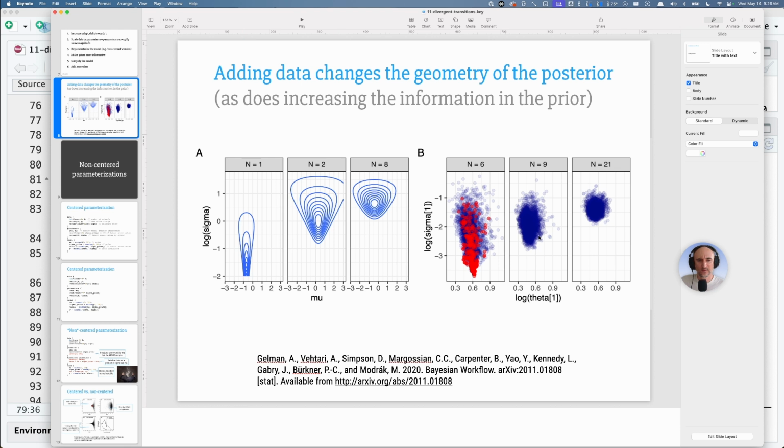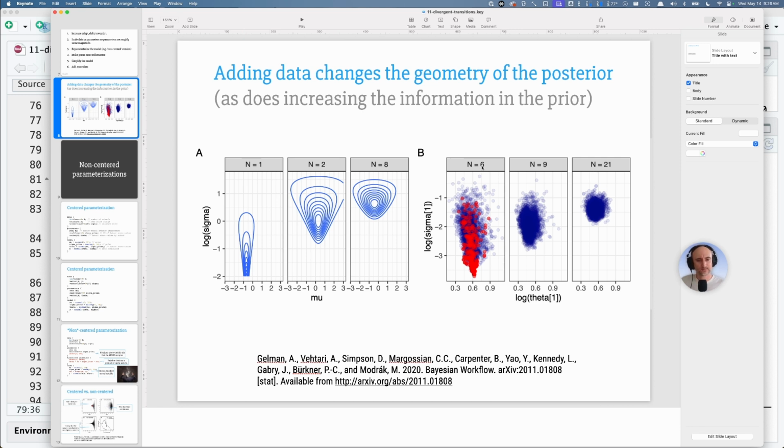So this is an example, I think it's actually from the 8 schools example, and it's in this preprint. On the right, you've got samples from a posterior. I guess it's not exactly the 8 schools example because they've got more schools.